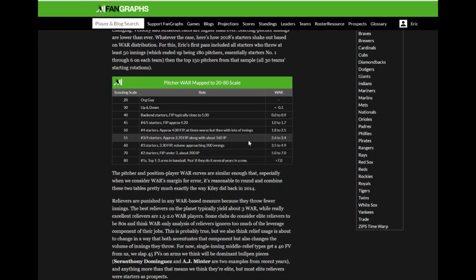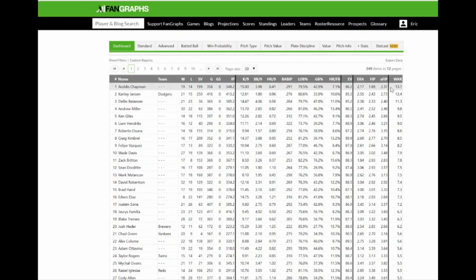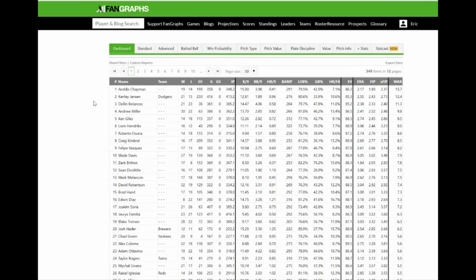Now, I do think that the argument that the WAR-based measures of evaluating relievers, which ignore what they're doing from a leverage standpoint, especially as teams get better at deploying them in the proper leveraged situations, does underrate them. And so adjusting for that, I think, is going to be important.